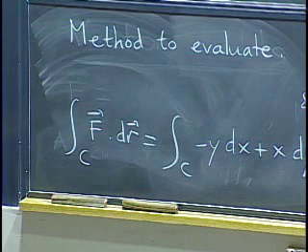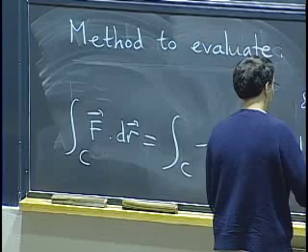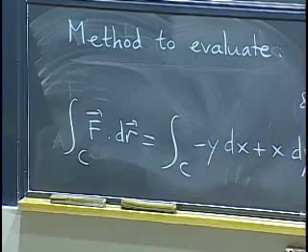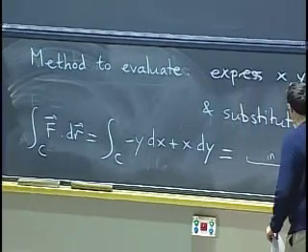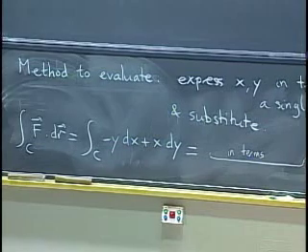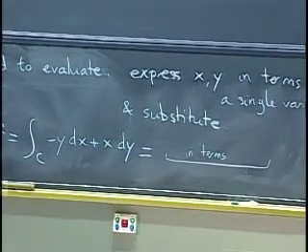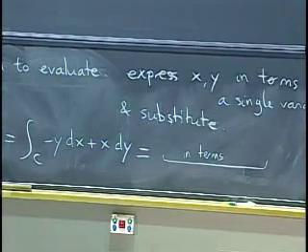It doesn't work. So what we'll do is we'll actually have to express everything in terms of the same variable, because it's a single integral. We should have only one variable. And what that variable will be, well, if we just do it the same way, that would just be t.